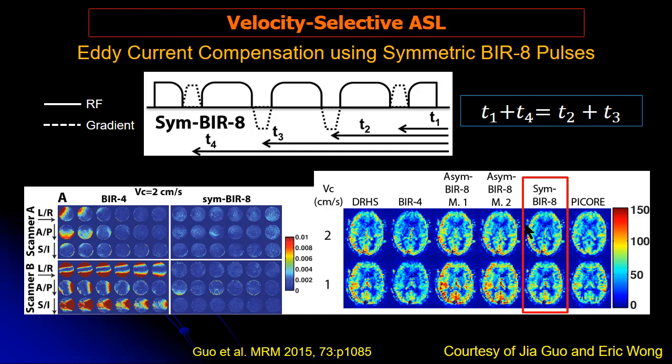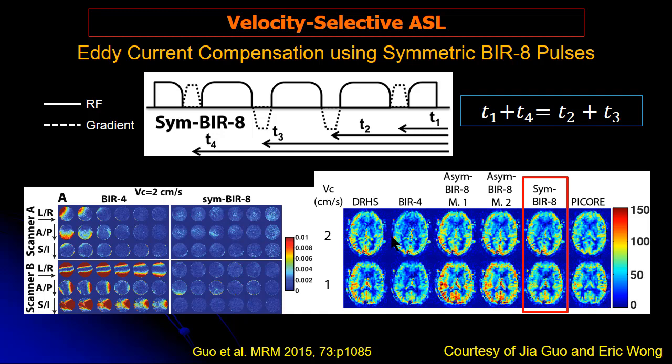And then they compared the symmetric BIR-8 pulse with different pulse trains used in velocity-selective ASL, like the dual refocused hyperbolic secant pulse, BIR-4 pulse and asymmetric BIR-8 pulse, and compared with the pulsed ASL PICORE as a reference.